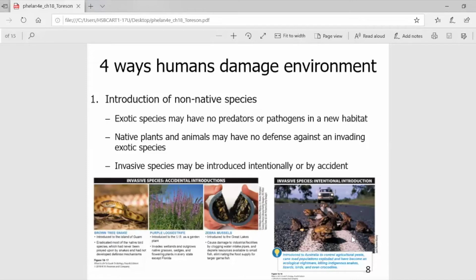And these cane toads were able to populate the area very successfully because they really didn't have any natural predators in that area.